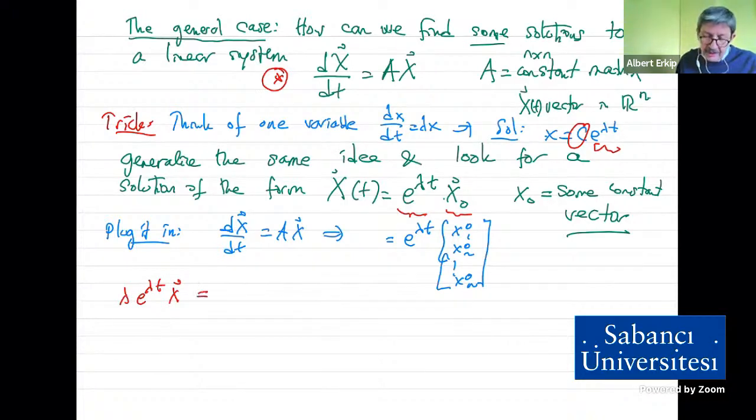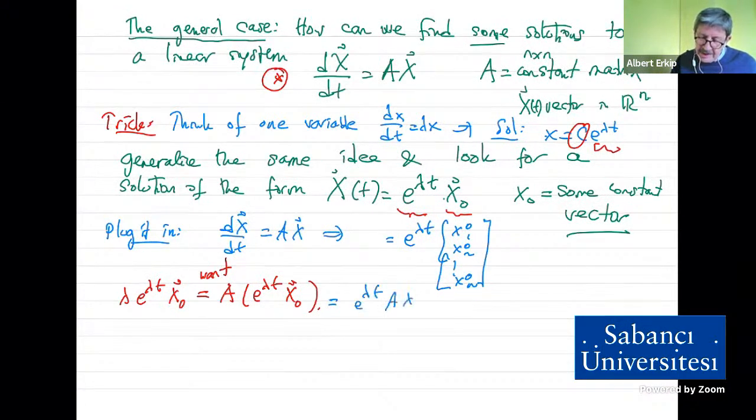And you want this to be equal to A times e to the lambda t x0. Now, what I can really do is, this is the same as e to the lambda t times A x0.